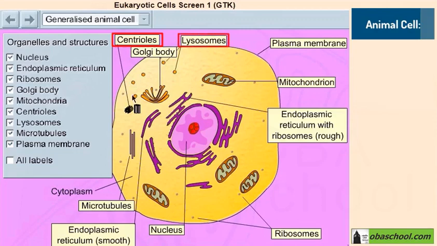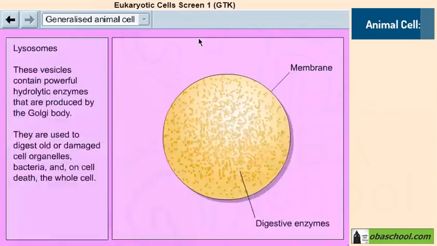So usually lysosomes are specialized vesicles that contain hydrolytic enzymes and that can digest old or damaged cell organelles, bacteria, and the whole cell.